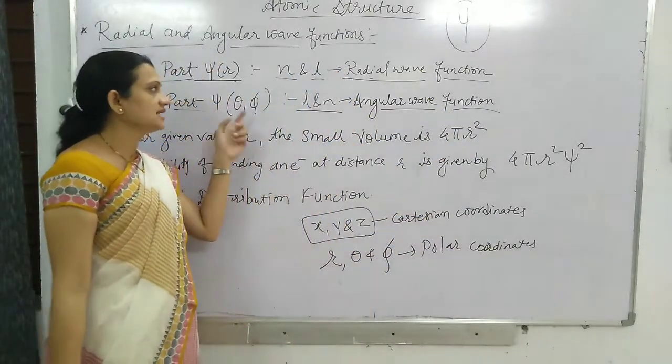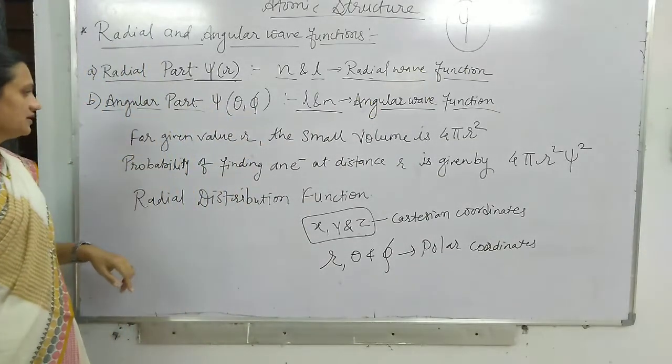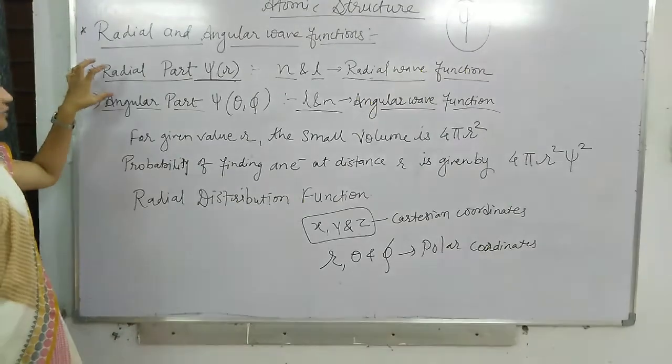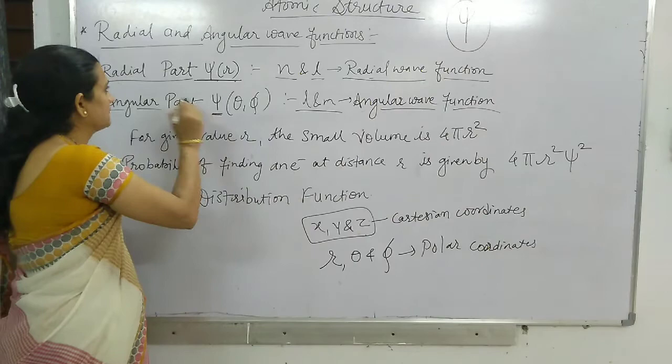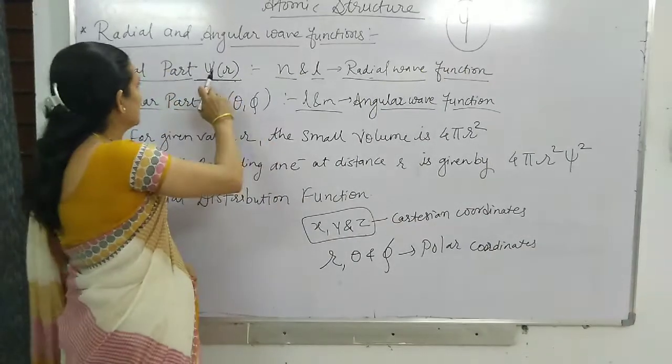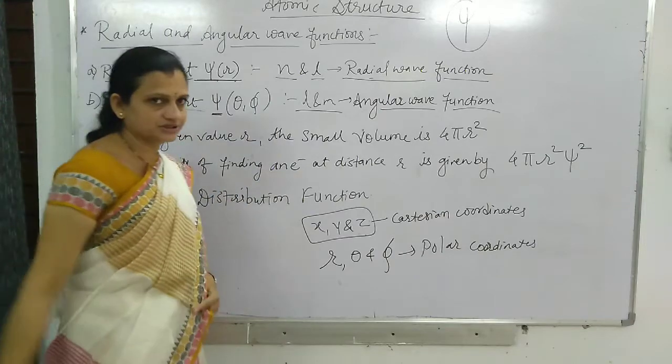So the wave function psi can be split into two parts, the angular part and the radial part. Here psi is used for the radial wave function and for the angular wave function.